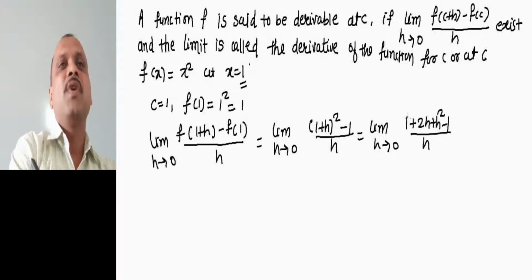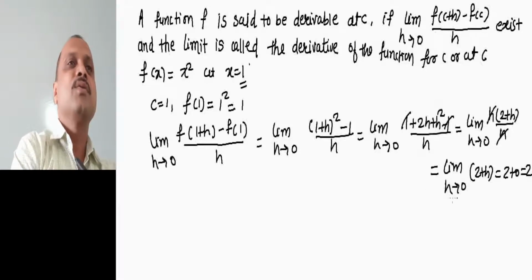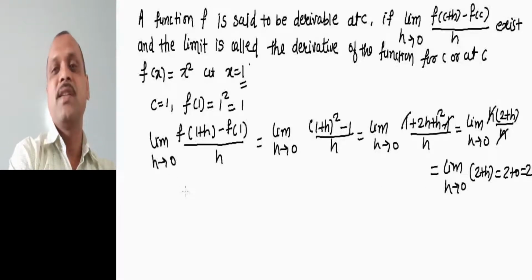Now the 1 and this 1 cancel, and we have the limit as h tends to 0, taking h common, of 2 plus h, divided by h, the h cancels. Now we can apply the limit h tends to 0: 2 plus h equals 2 plus 0 equals 2. So the limit exists and this is called the derivative of the function.